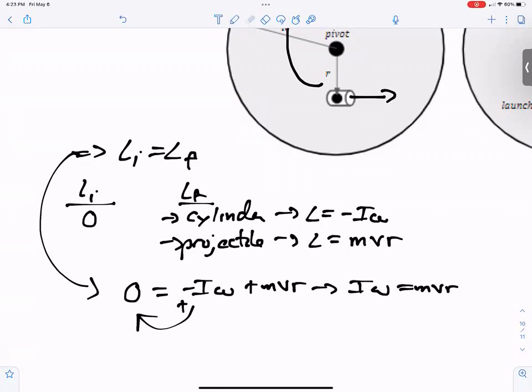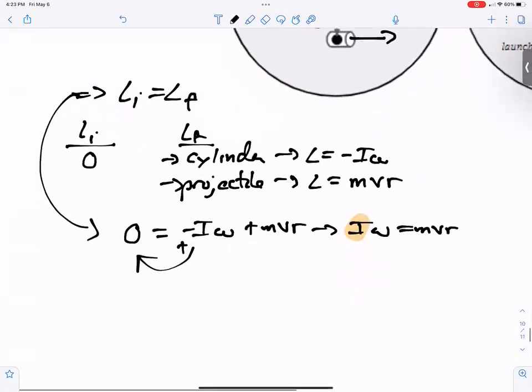Well, let's go ahead and make some substitutions here. We'll substitute for I, and you're also going to substitute for omega as well. So let's substitute for I. I is 1/2 M R squared times the omega right here, and then that's going to be equal to little m, the mass of the projectile.